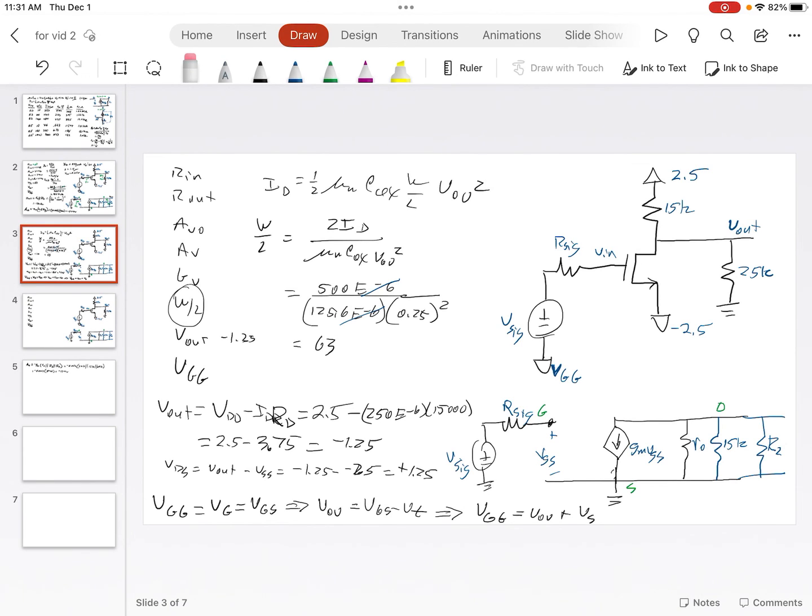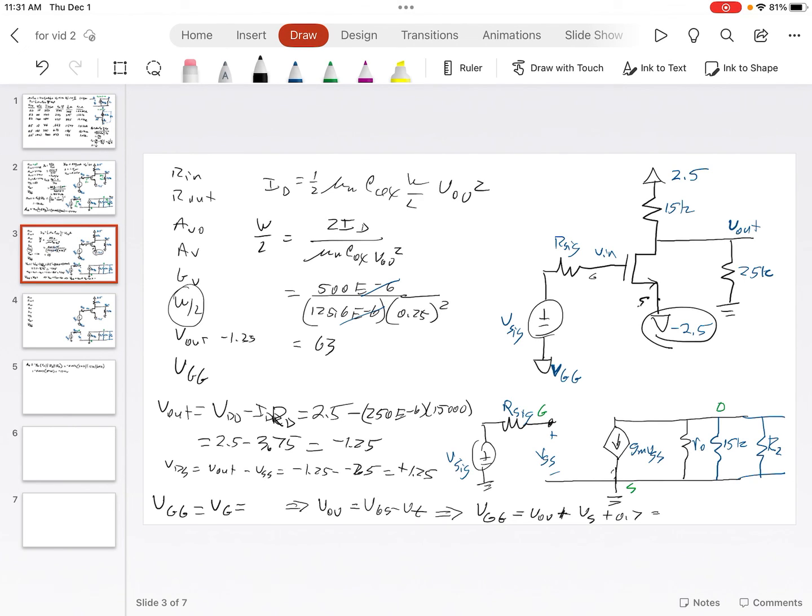VS. Wait, that's not VGS, so that's not true. We plus VS, we're looking for this voltage to this node right here, gate to source. So plus VS plus 0.7.